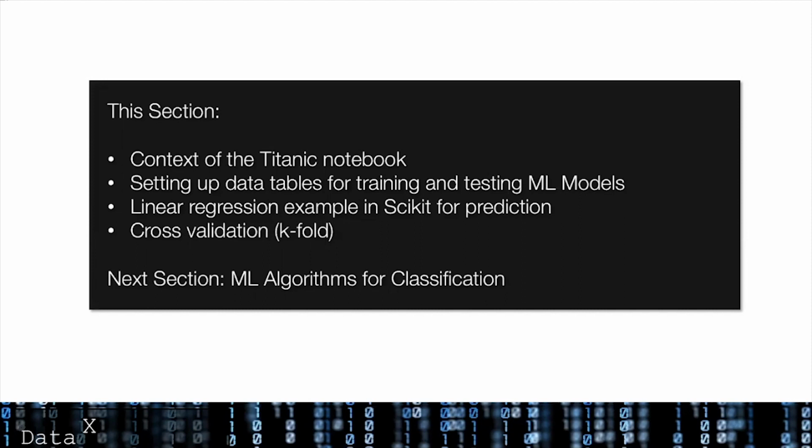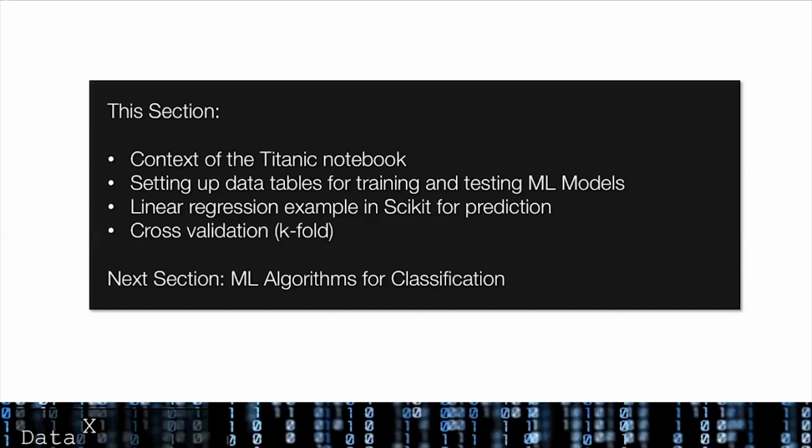Then we took one example, not very many lines of code, relatively straightforward, in Python using the scikit-learn library. That's an example for linear regression, which is a type of prediction, although not the type of prediction that we used in the Titanic notebook.